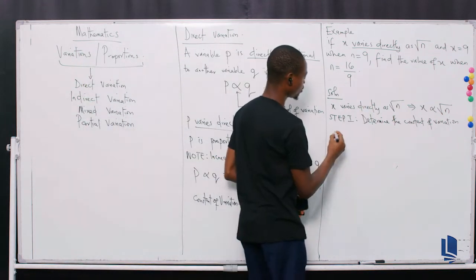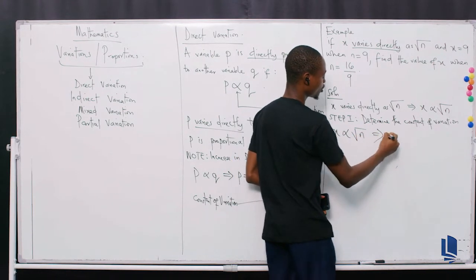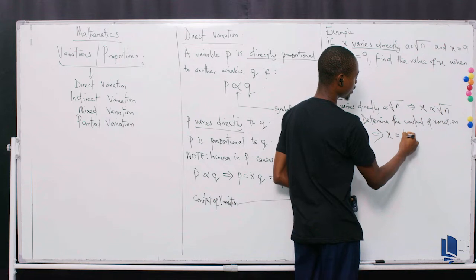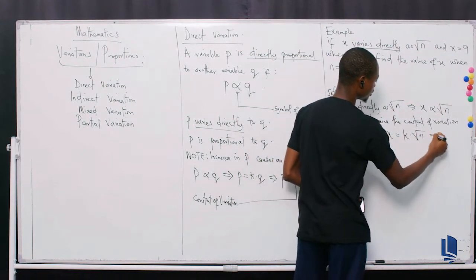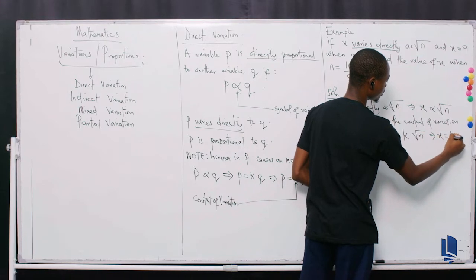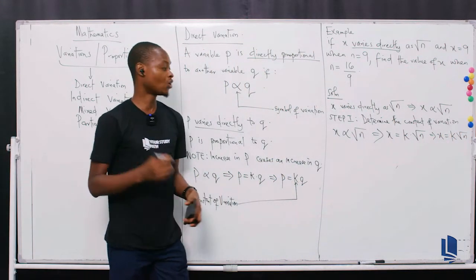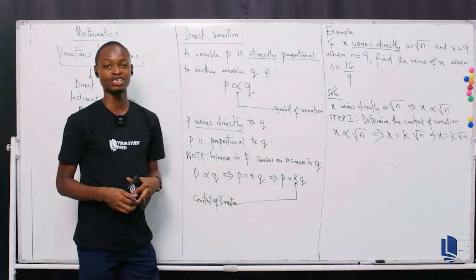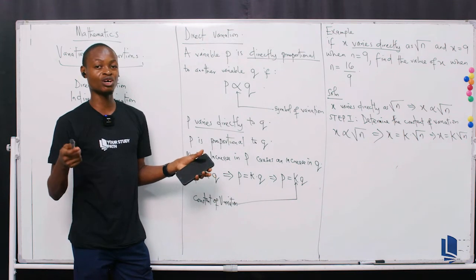So first and foremost, I convert x alpha square root of n to become x is equal to k times square root of n, which is the same thing as x is equal to k square root of n. Now, I need to determine the constant of variation. So I make the constant of variation subject of the formula.